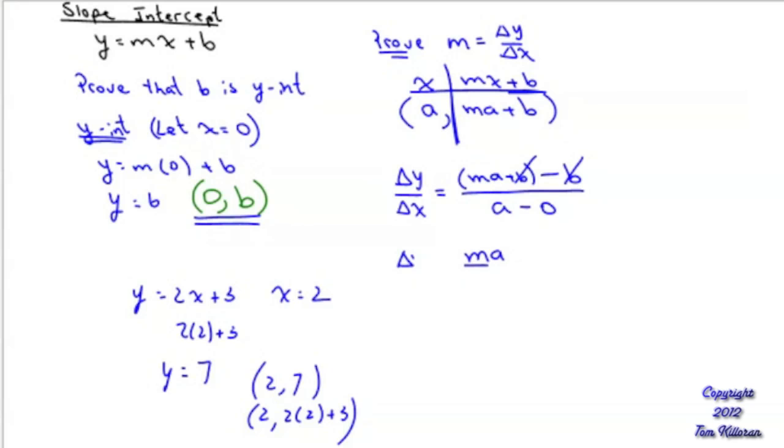It's a. Divide them out. What happens to the a's? They cancel. And you're left with change in y over change in x. The slope is equal to m. That's why m is the slope.